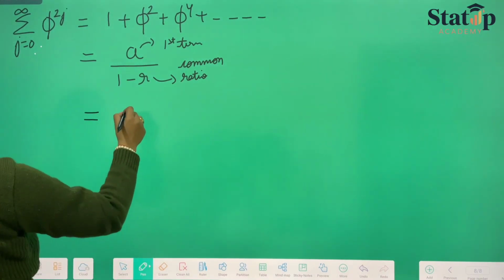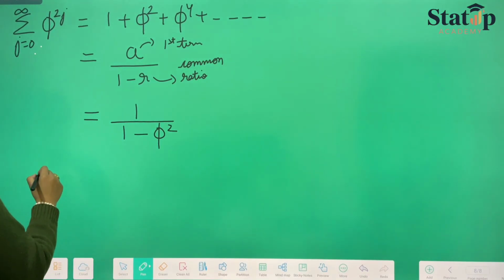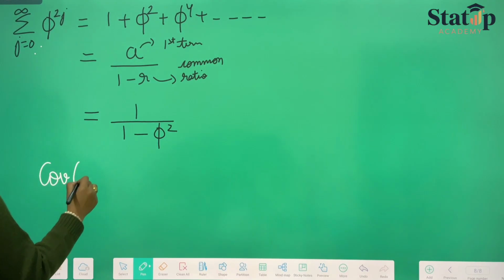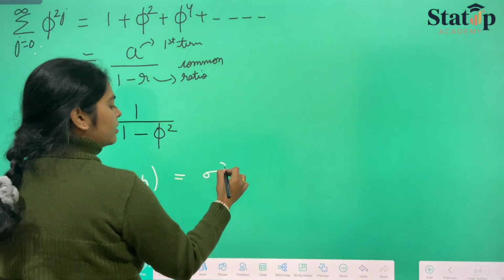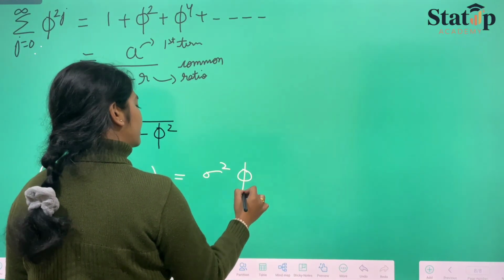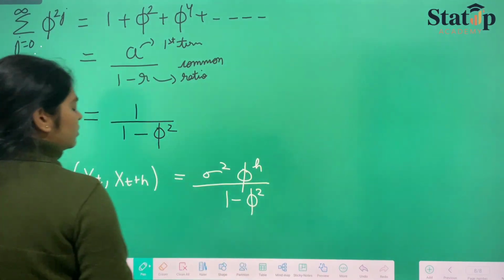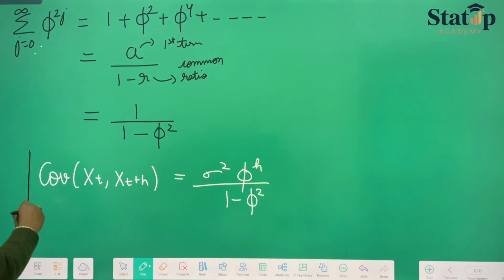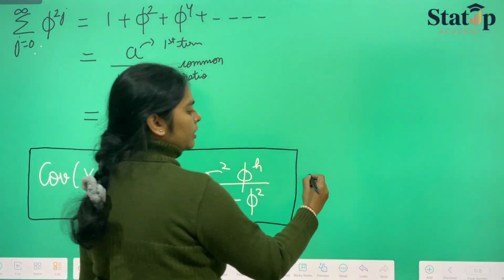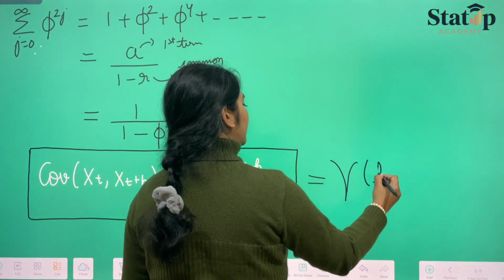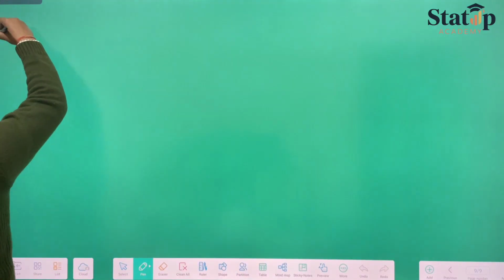So a would be 1 and r would be phi squared, giving 1 minus phi squared. Hence our ACVF, the covariance between x_t and x_{t+h}, would be sigma squared phi^h upon 1 minus phi squared. This is the autocovariance function with lag h, which can also be termed gamma h.